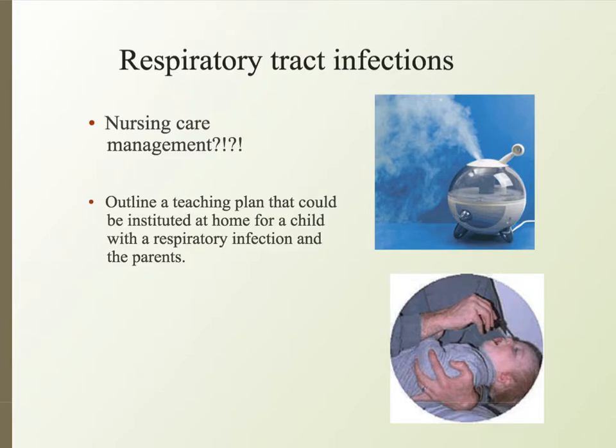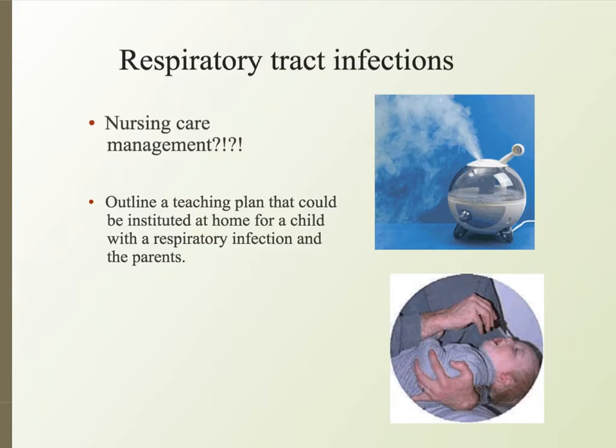So when we're taking care of a kid with a respiratory tract infection, what am I going to do? Well, first of all, don't we want to ease their efforts? So what kind of things can we do to help with that? Promote rest, promote comfort, prevent the spread of infection, and reduce their temperature.